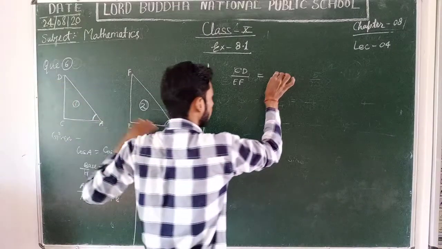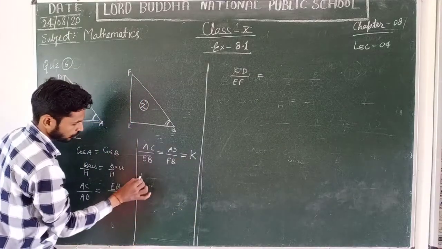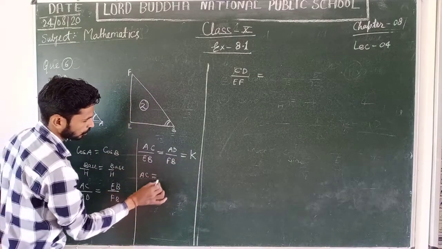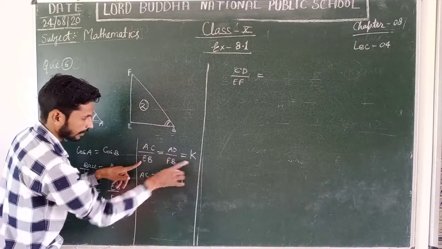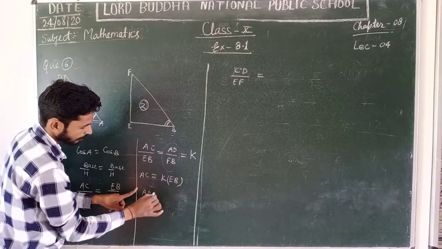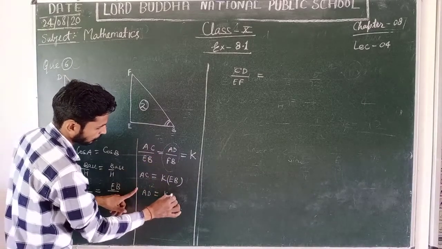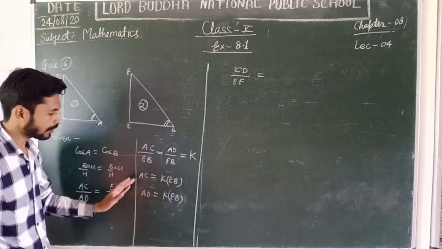So if we take K, AC equals K into EB, and from here AD equals K into FB.